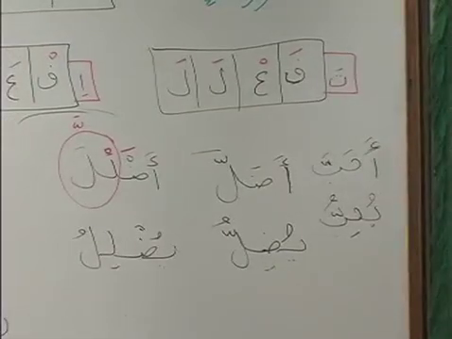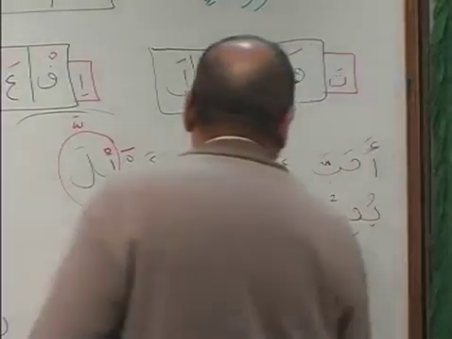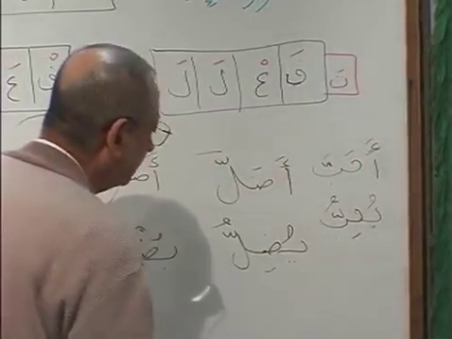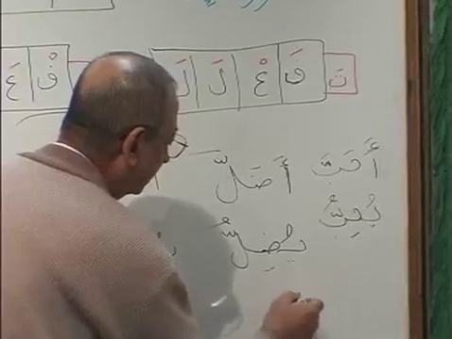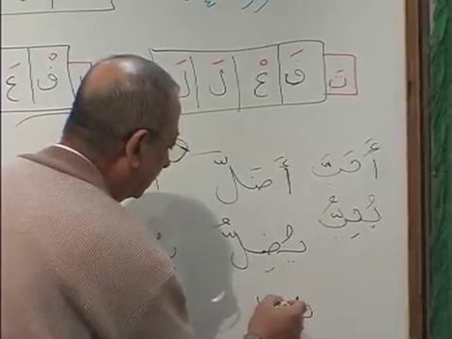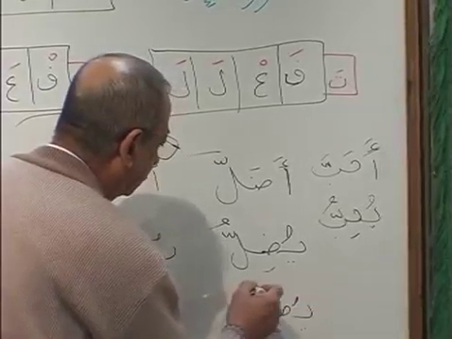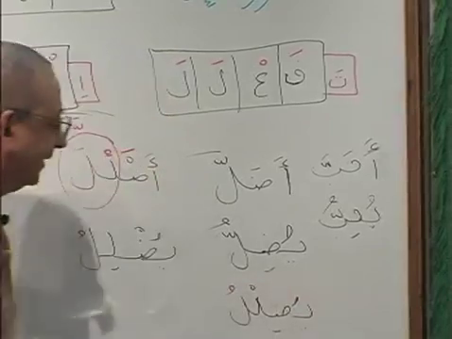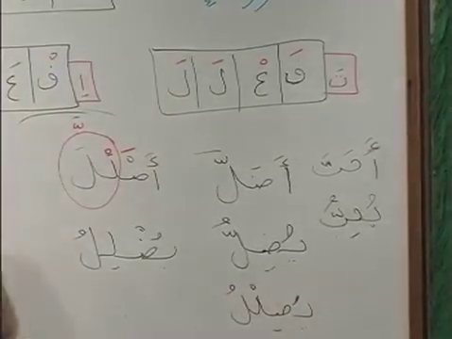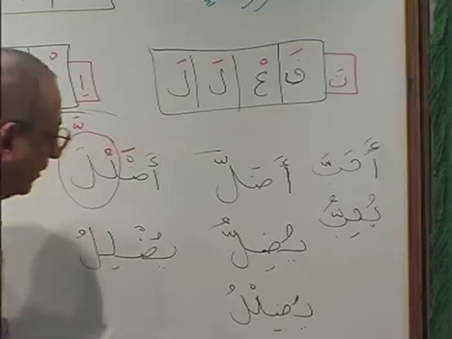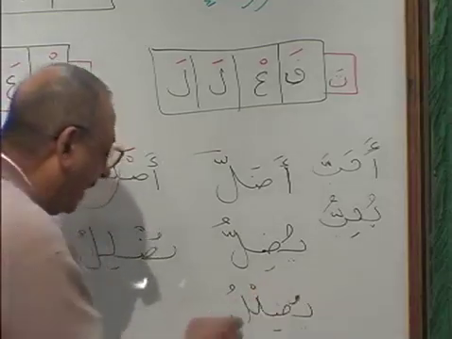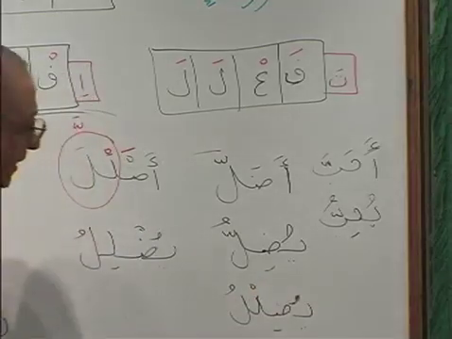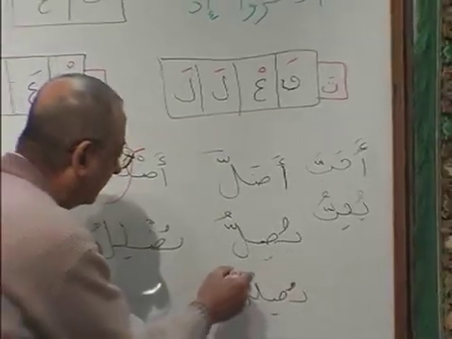It is again, because the way it is now, if I break it, it is like this. Yudillu. If I have to make it majzoom, I have to give it a sukoon here.